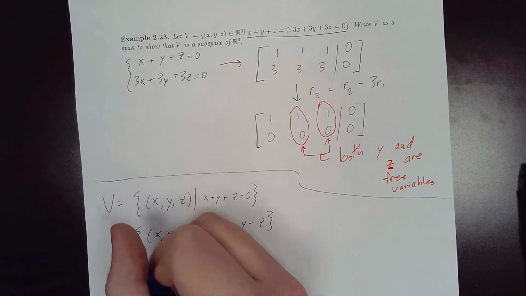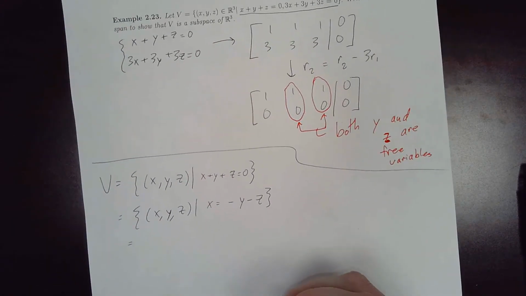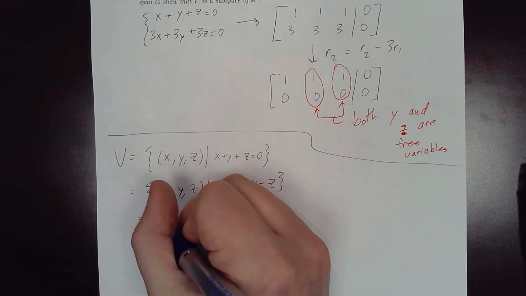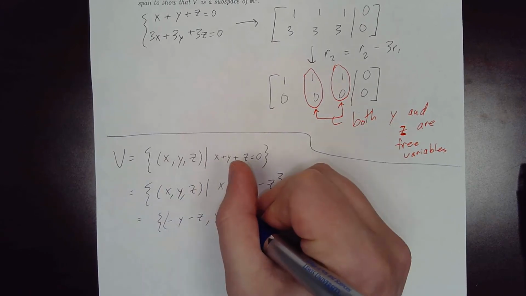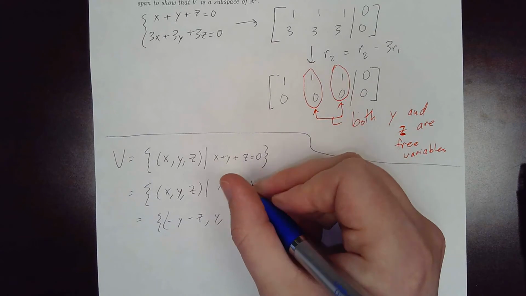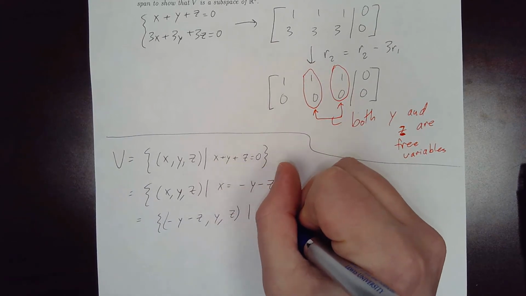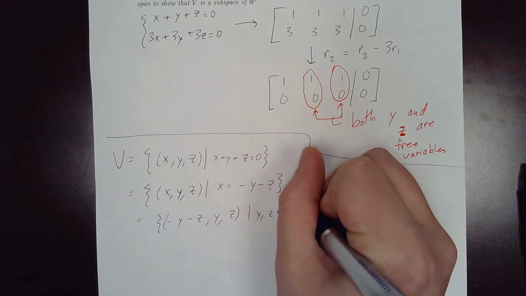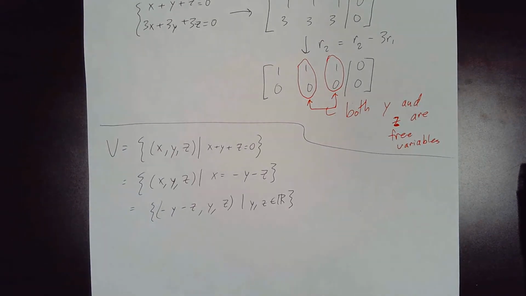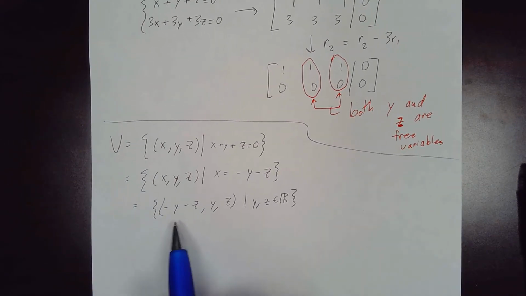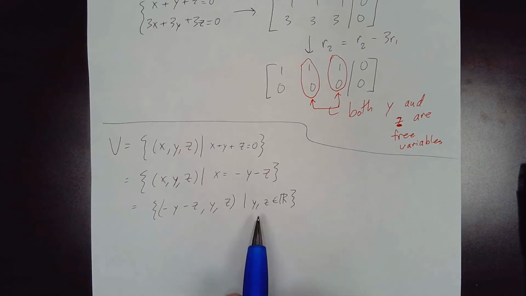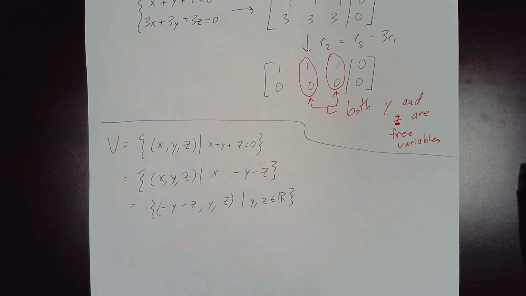And if we take that restriction and put it in, what we'll get is (negative y minus z, y, z) such that y and z are real numbers, is now how we can write our set. So notice that we took our restriction, we put it into our vector form, and now we have no other restrictions, so our y's and our z's are going to just be anything in the real numbers.